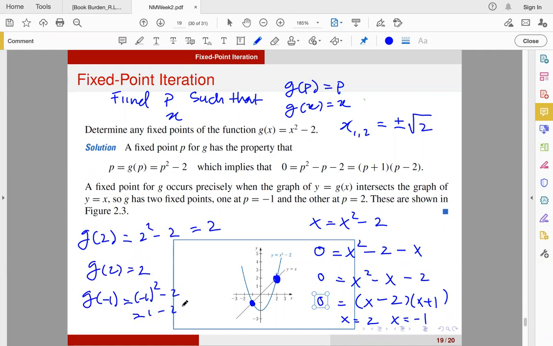It's 1 minus 2, it's minus 1. Therefore, you have g(minus 1) equal minus 1. So that is a fixed point. So we will use this procedure to help us solve the root, or to find the root.